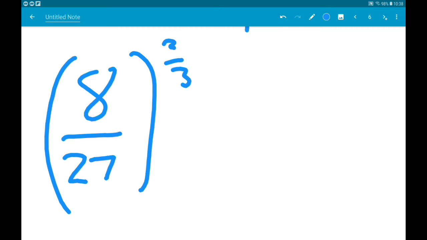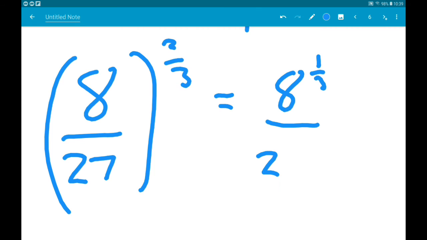Okay, so that means then 8 to the power of 1/3 over 27 to the 1/3, all squared.